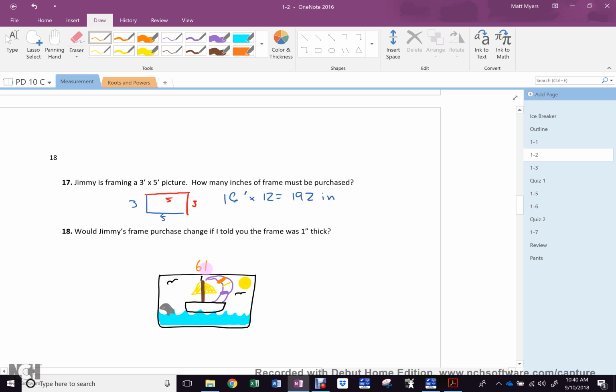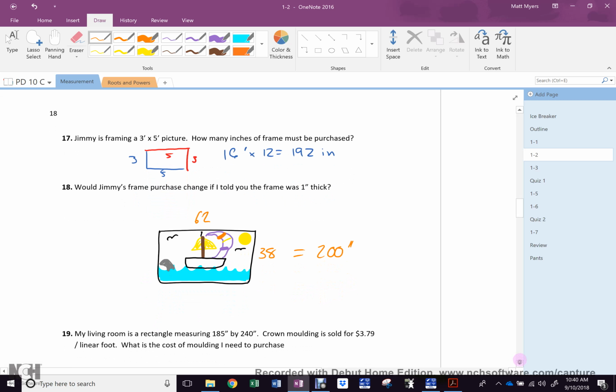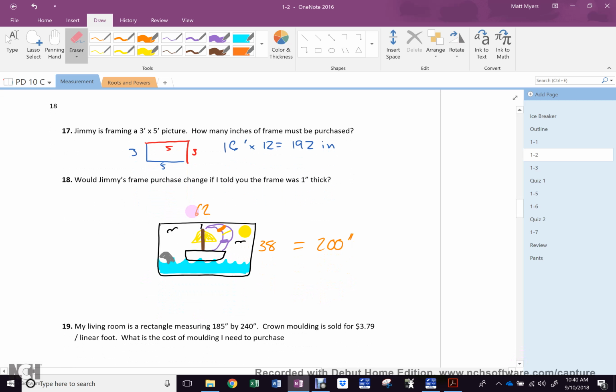I made this 60 to 61 and this to 37. There you go. What do I need? 62 and 38. Right? Which is 100 and then another 100. So what do I need? 200 inches.